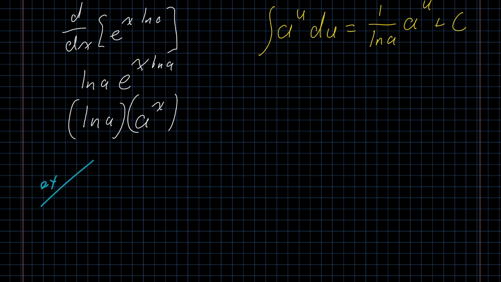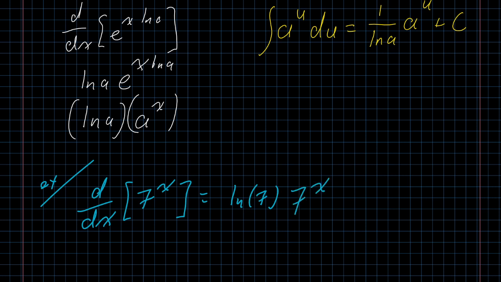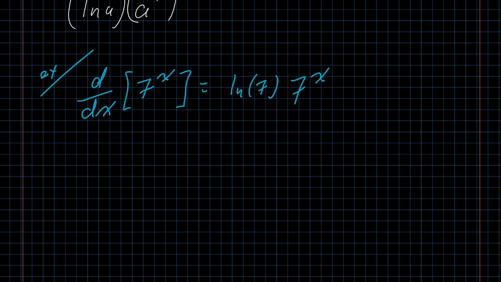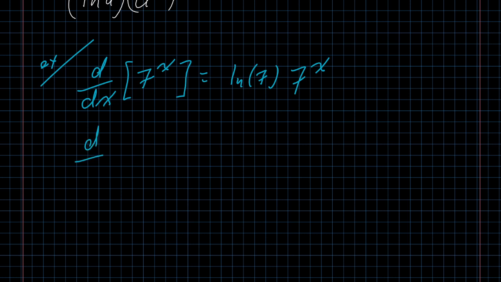All right, so if I want to differentiate 7 raised to the x power, well, according to my formula, this is going to be the natural log of 7 multiplied by 7 to the x power. And if I want, here's an interesting one.